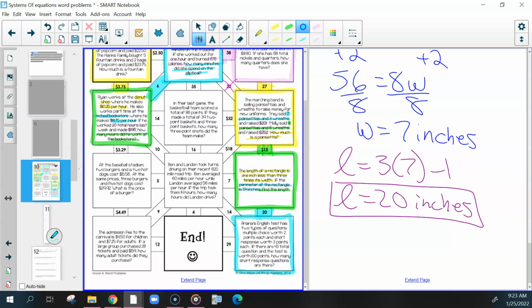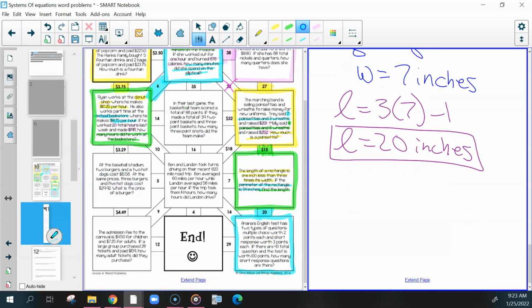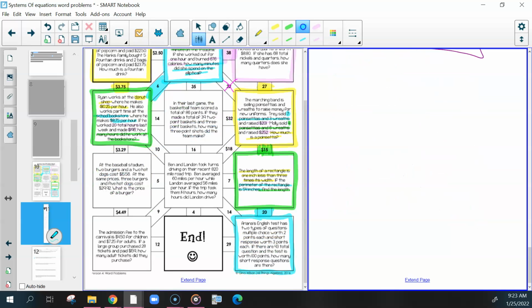Read through this and tell me what's important. And this one we're going to do by graphing.